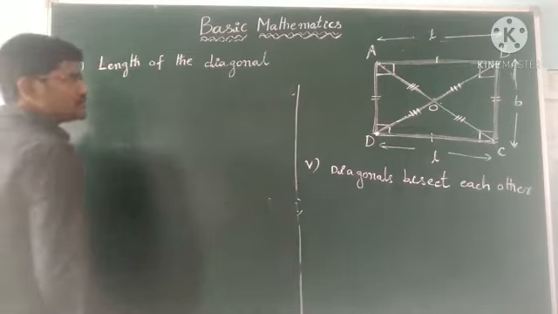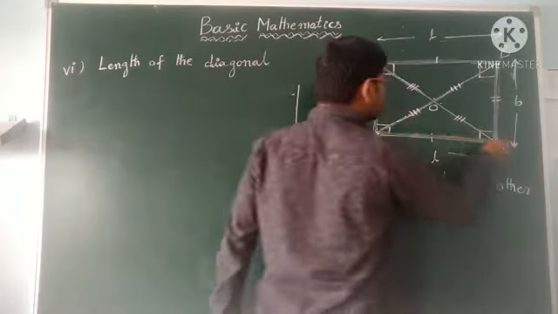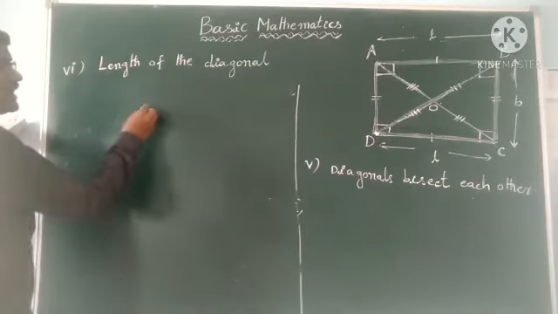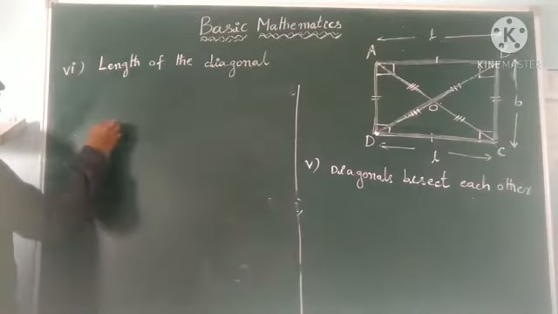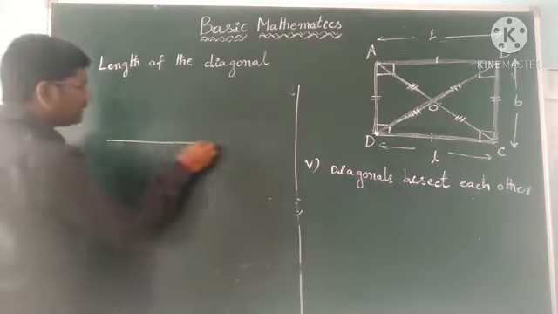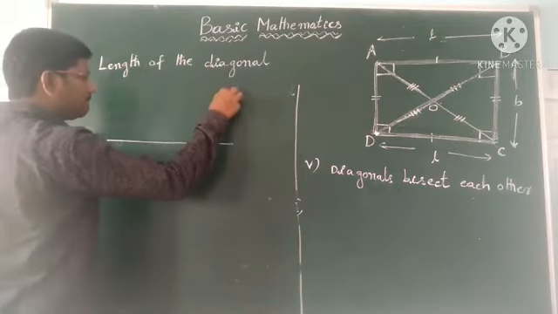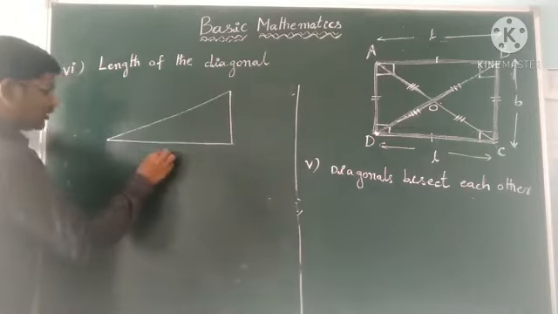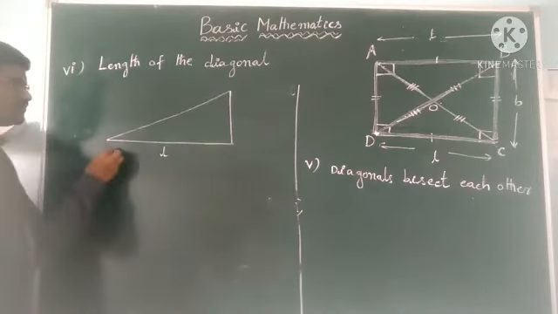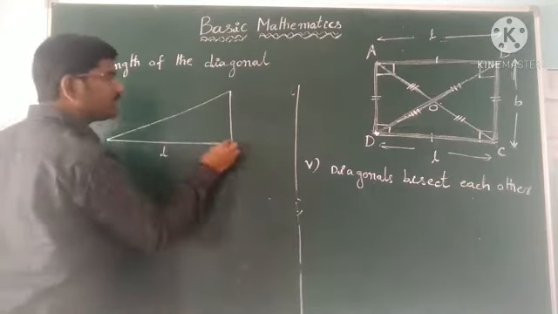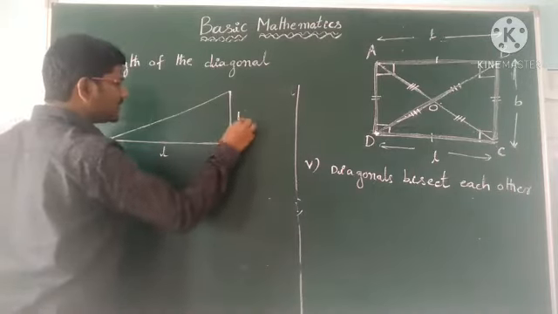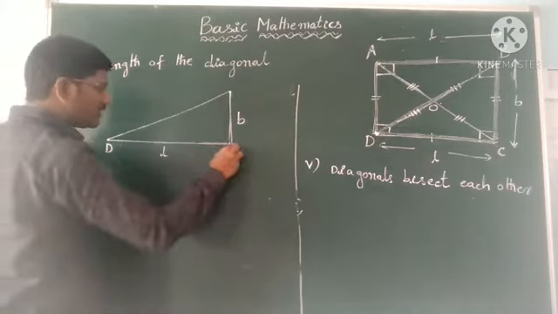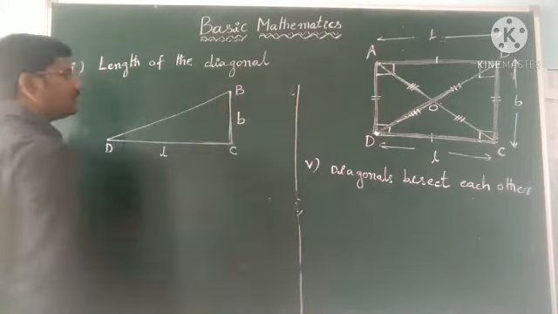I am taking this right angle triangle DCB. We know this is the length of the rectangle and this is the breadth of the rectangle. This point is D, this is C, this is B.